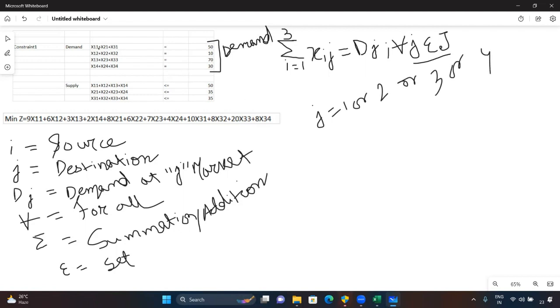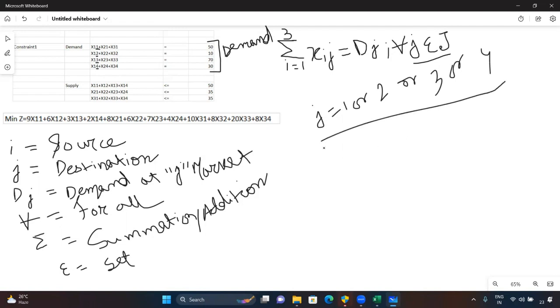Now you can see that this is 1, the value of j, this is 2, this is 3, and this is 4. So this is the index of the destination, small j.